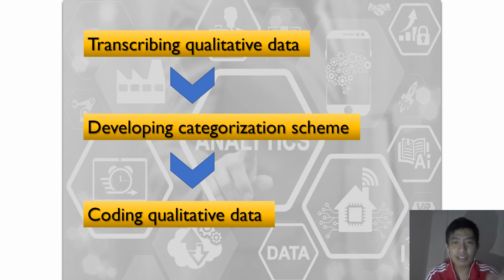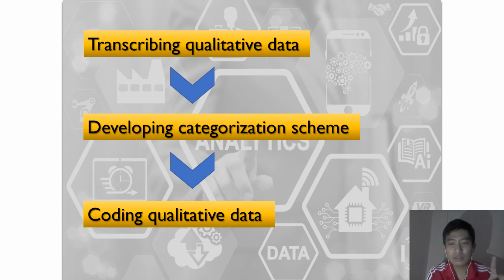After developing the categorization scheme, next is coding qualitative data. Doing codes after the categorization scheme, the codes could possibly cluster. You can cluster them as a chunk of themes. No? Coding qualitative. E1 is emotion.